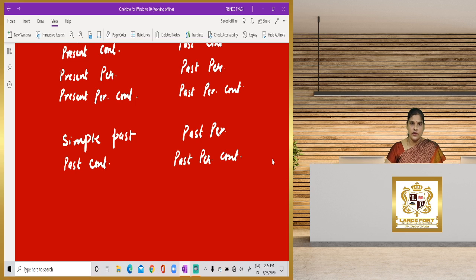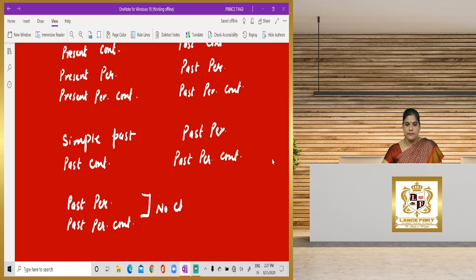If your reported speech is in past perfect or past perfect continuous, in this condition your tense will not change. The tense will remain the same.